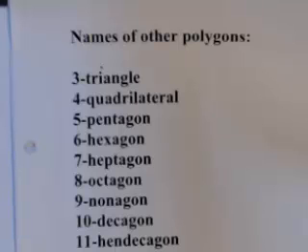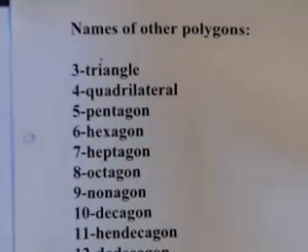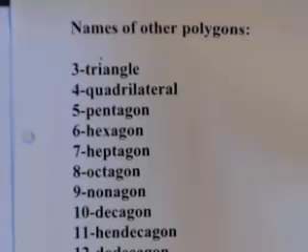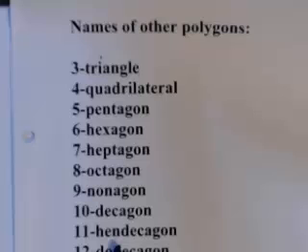But there are some shapes that are in a heptagon, and it's interesting if you Google heptagon shapes to find out what kind of shapes are a heptagon. 8 is octa, 9 is nona, 10 is deca, 11 is hen, and a lot of times hendeca is 11.